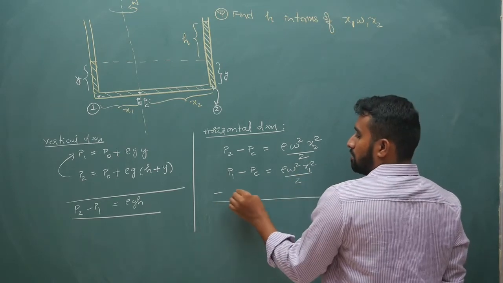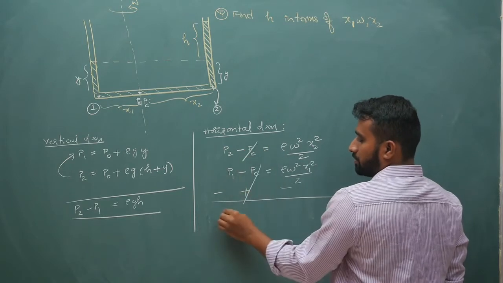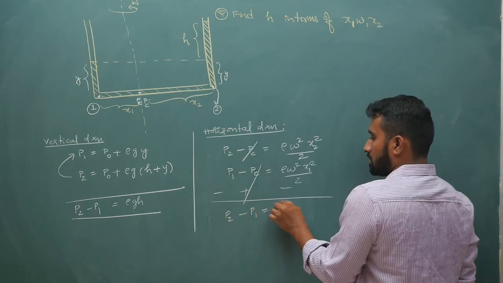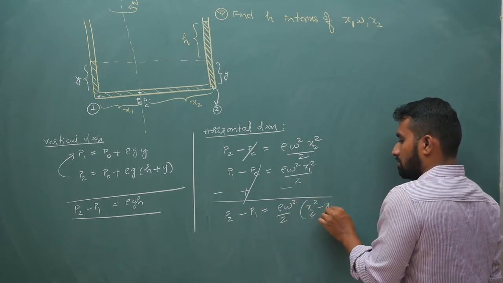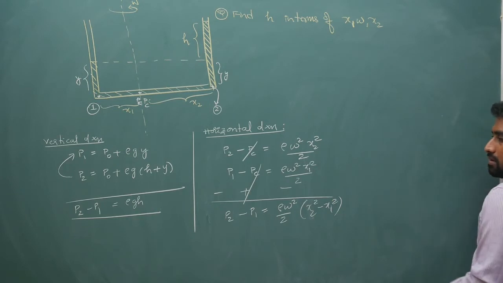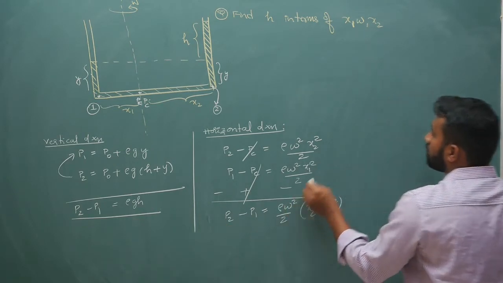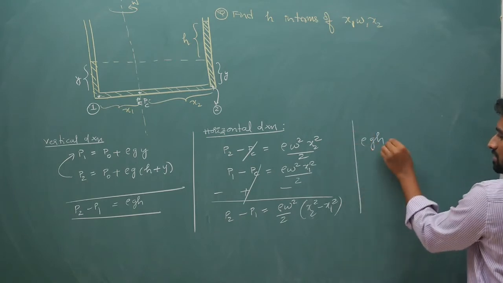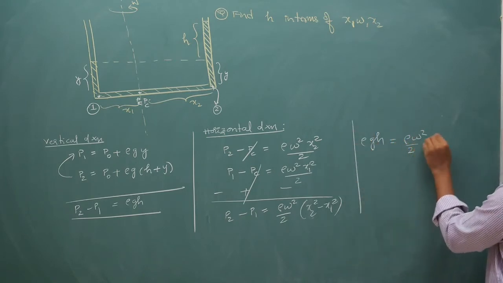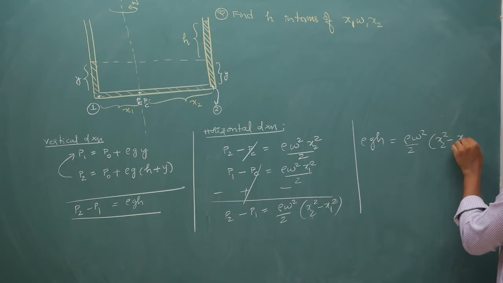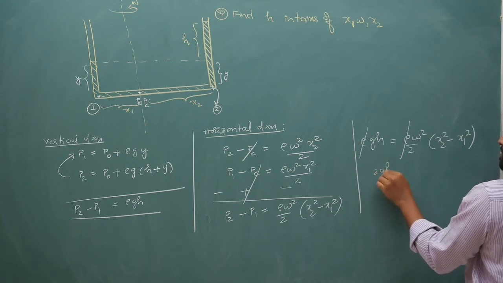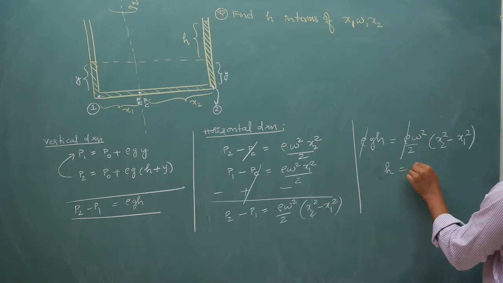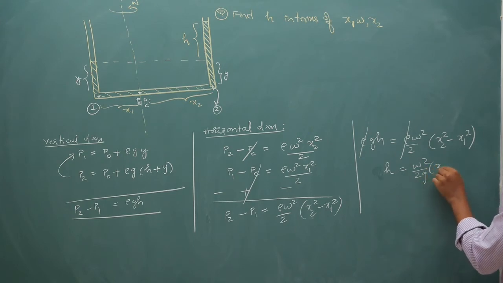Subtract these two, PC minus PC cancels. P2 minus P1 is rho omega square by 2 times (x2 square minus x1 square). Now this P2 minus P1 is rho g h. So rho g h is equal to rho omega square by 2 times (x2 square minus x1 square). Rho will go off. h is omega square by 2g times (x2 square minus x1 square).